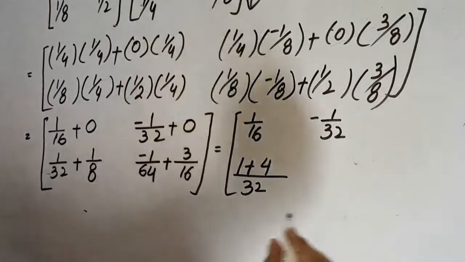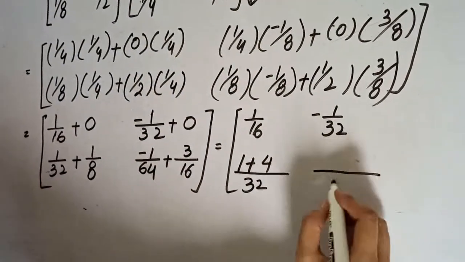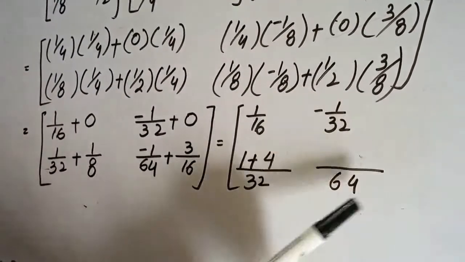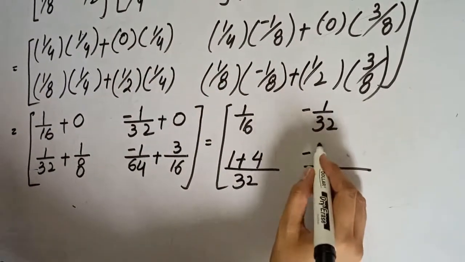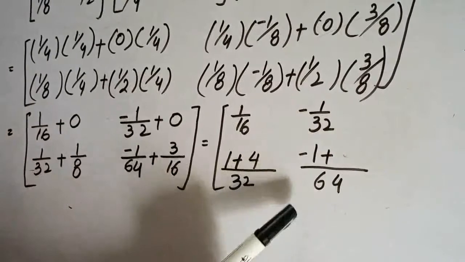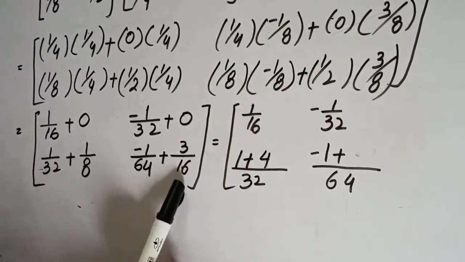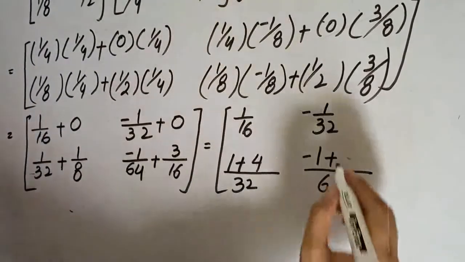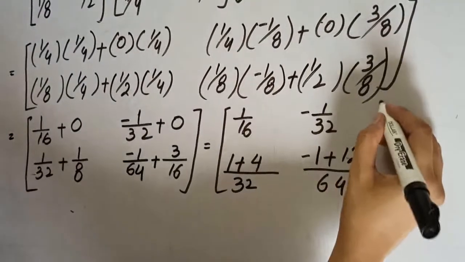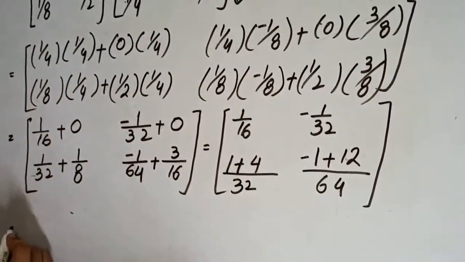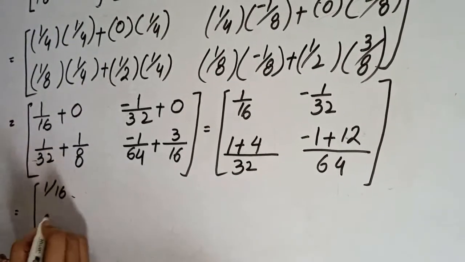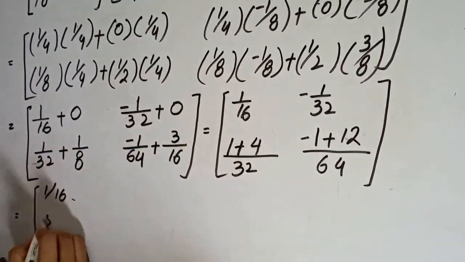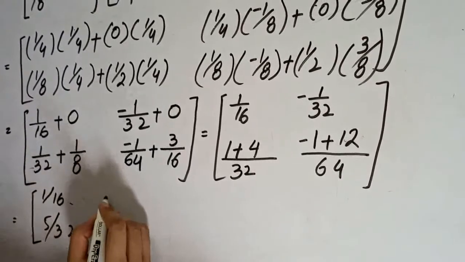Here 64 and 16. The LCM is 64. 64 divided by 64 is 1. 1 multiplied by minus 1 is minus 1. 64 divided by 16: 16 4s are 64, and 4 3s are 12. We'll simplify this. 1 by 16. 4 plus 1, 5 by 32.